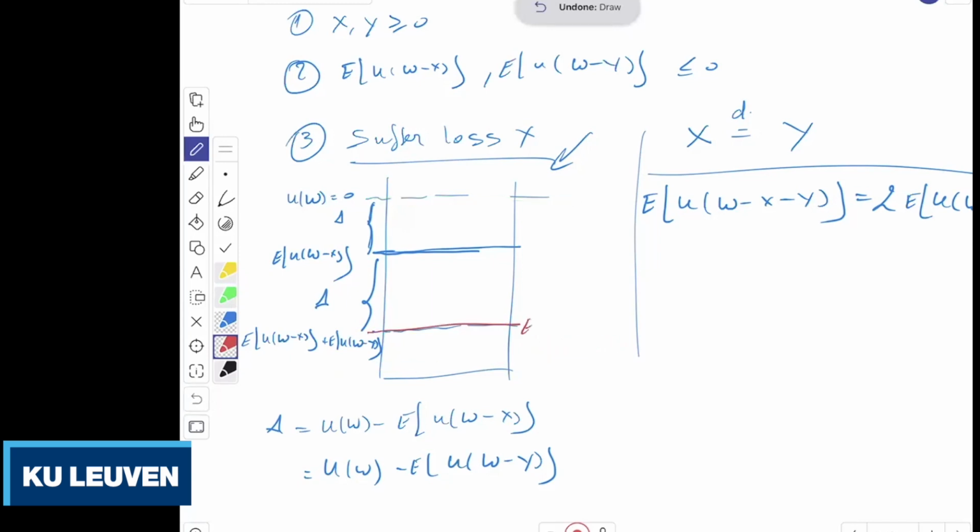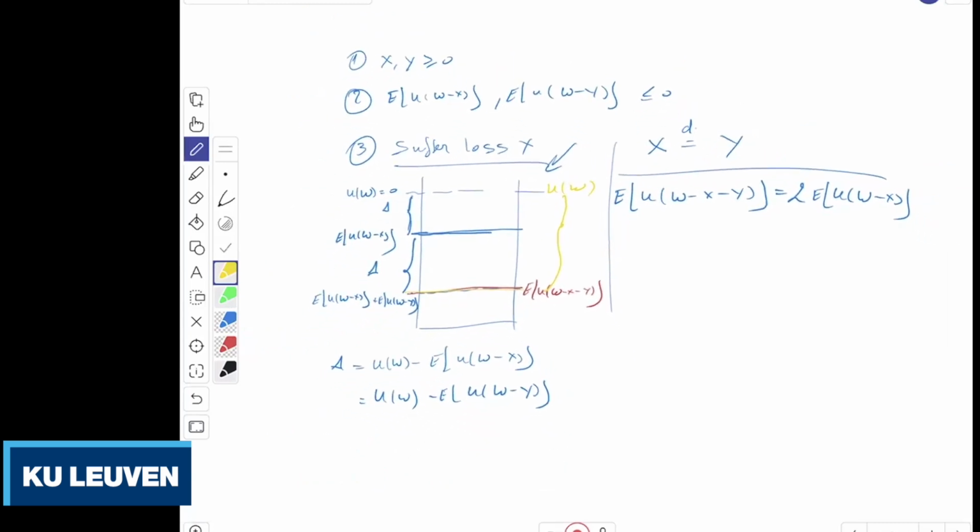So if I add both risks X and Y at the same time, my utility drops from U(W) all the way to that expectation, which, that's what we proved here, is exactly a decrease of 2 delta.